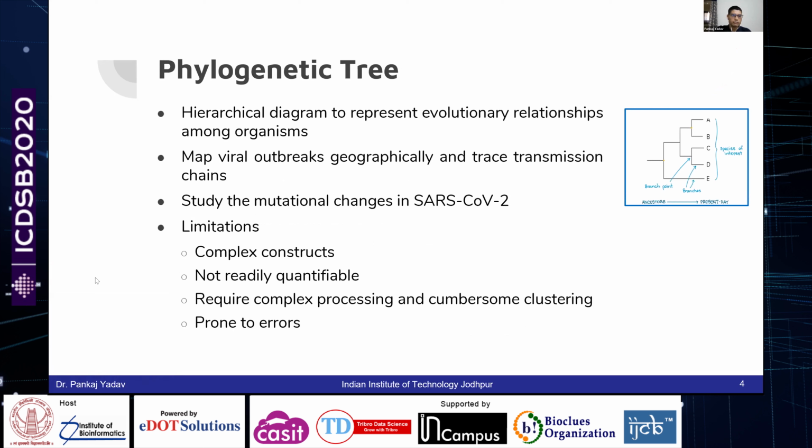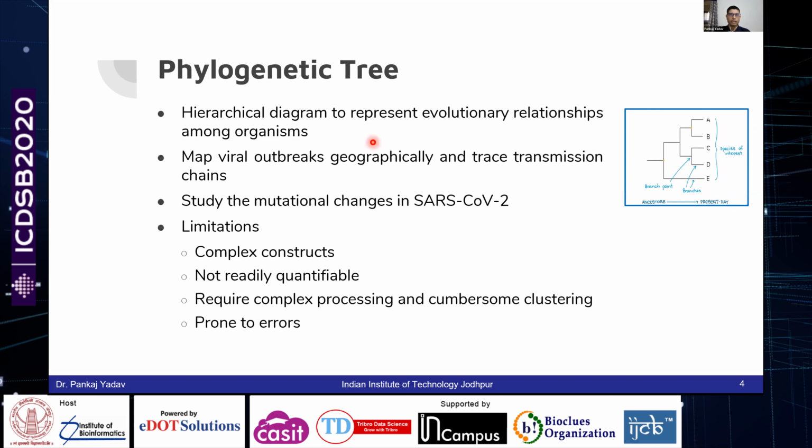Now to introduce the phylogenetic tree. It's a tree structure with nodes and branches. It starts with a root, which indicates the ancestors, and as speciation goes on, we have at present, let's say, species of interest A, B, C, D, E, the present-day situation.